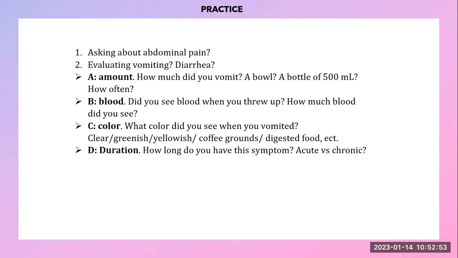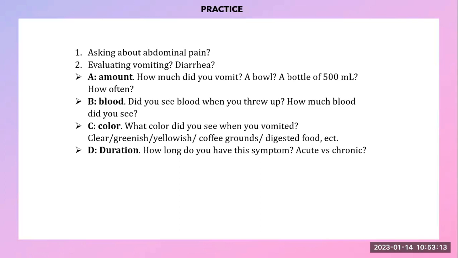Or vomits, like amount, blood, color, and duration is ABCD, easy to remember, right? So for the pain, you're gonna ask LMNOPQRST, right? And then when you have vomiting or diarrhea or something, you're gonna do ABCD.